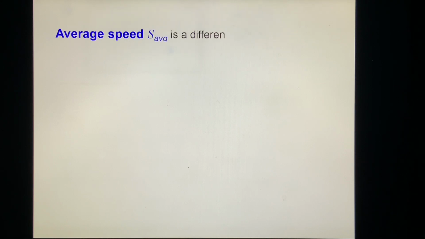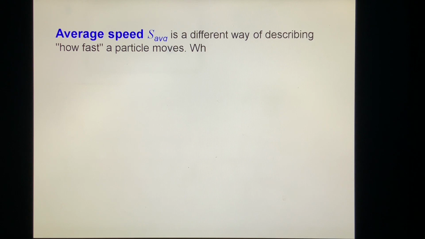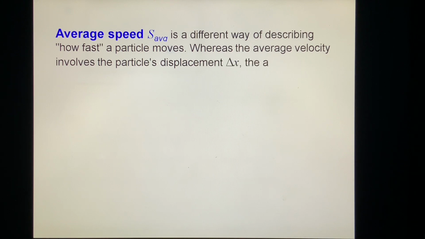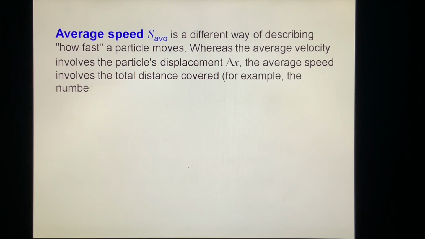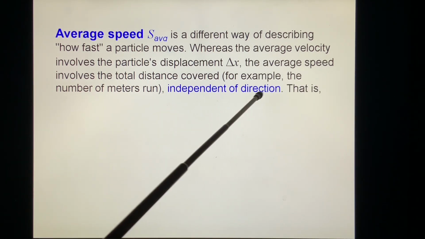Average speed, s average, is a different way to describe how fast a particle moves. Whereas the average velocity involves the particle's displacement, delta x, the average speed involves the total distance covered, for example, the number of meters run, independent of direction.